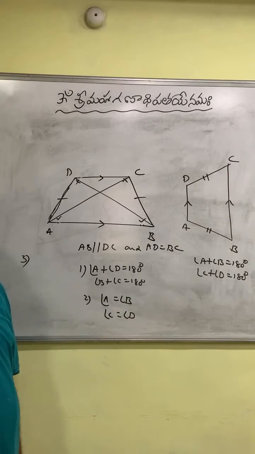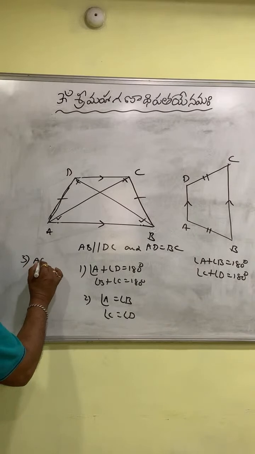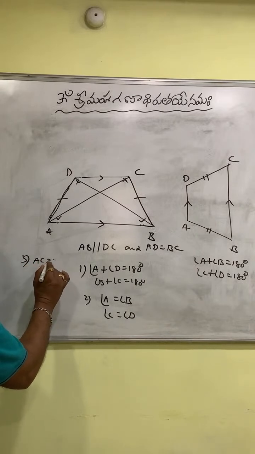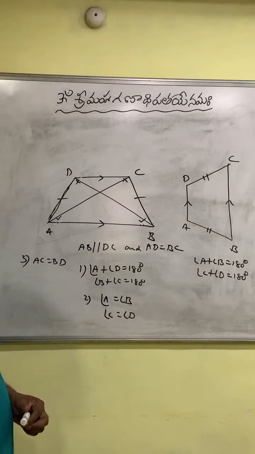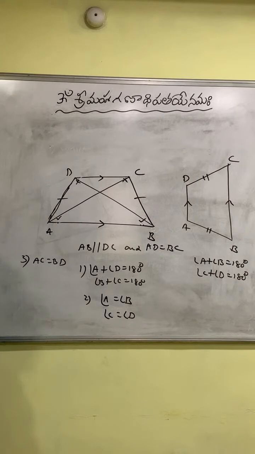Diagonals are equal in an isosceles trapezium. In an isosceles trapezium, diagonals are equal. Okay?